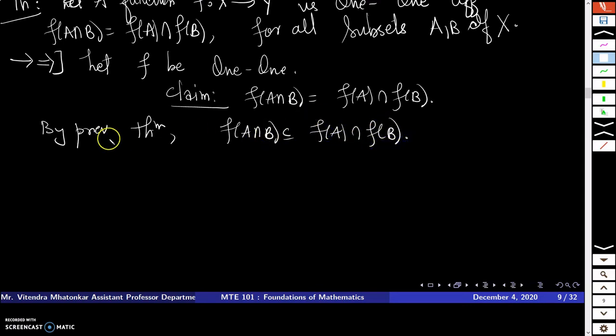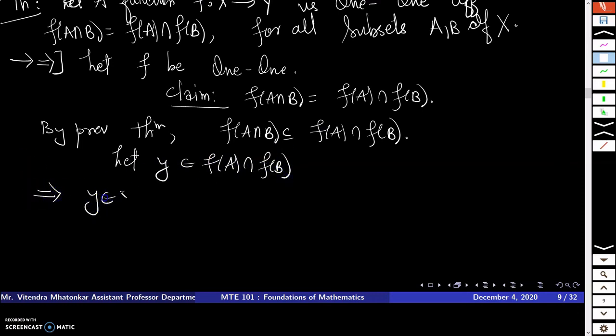So to prove the reverse part, let's pick up a point y in f of A intersection f of B. This means y is there in both f of A as well as f of B, right?